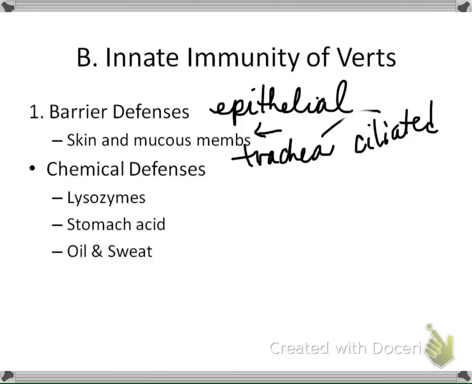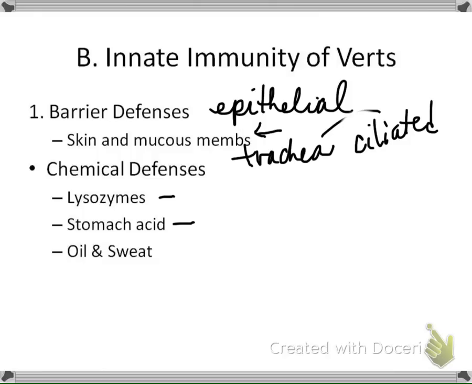All right. Chemical defenses, you have lysozymes, again, enzymes in tear, saliva, and mucus secretions that kill bacteria in the upper respiratory tract or opening around the eyes. Pathogens in food that are swallowed get trapped in the mucus and go to the stomach, where stomach acid is going to destroy most pathogens before they can get to your intestines.